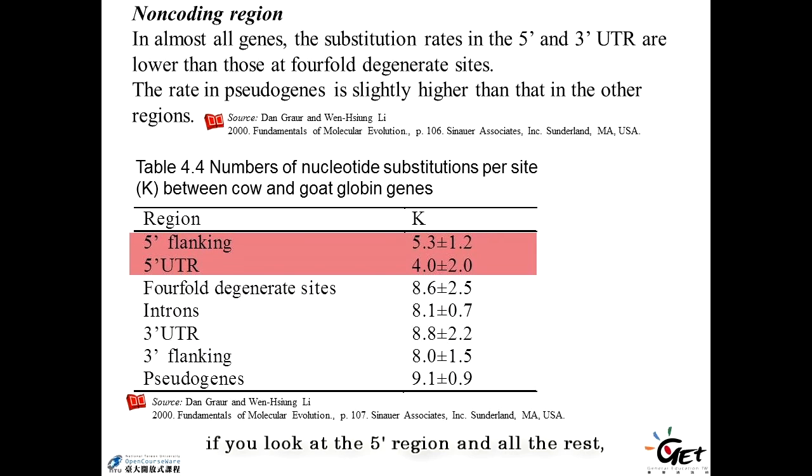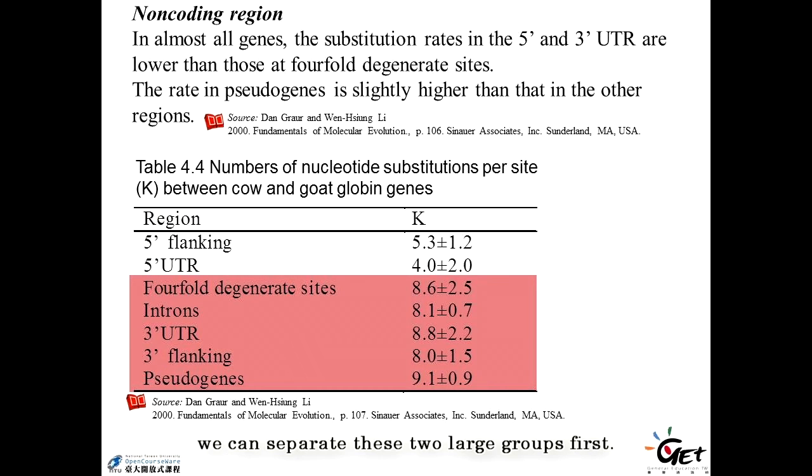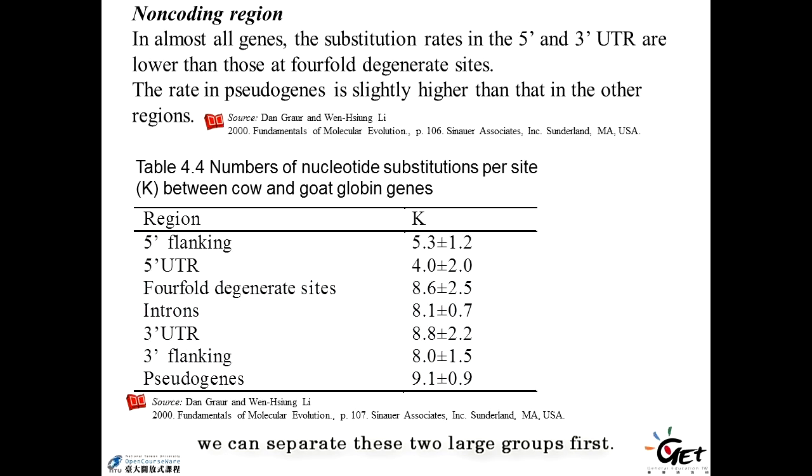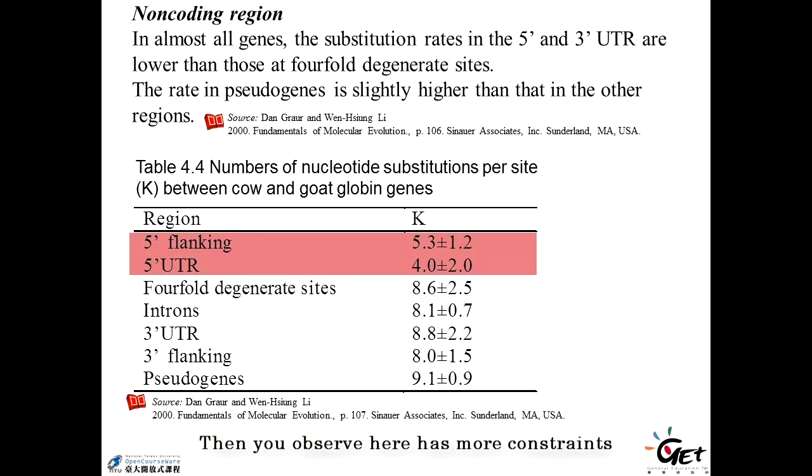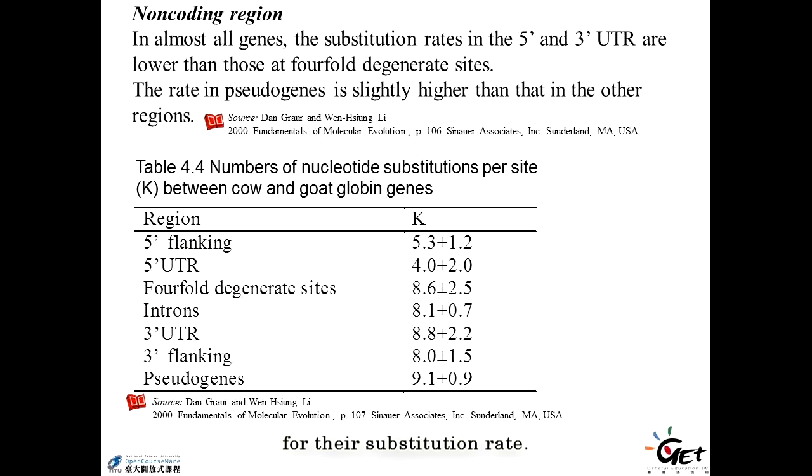So here, if we look at the 5' region and all the rest, we can separate these two large groups first. Then you observe here there is more constraint on their substitution rate. The observed rates are lower than the others.